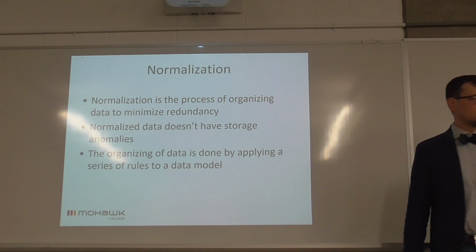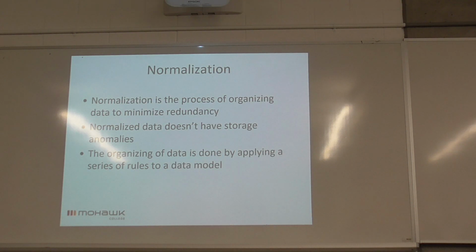So, normalization is the process of organizing data to minimize redundancy. Normalized data doesn't have storage anomalies. We will discuss what we mean by the term storage anomalies. The organizing of data is done by applying a series of rules to a data model. There is a formal process of normalization.